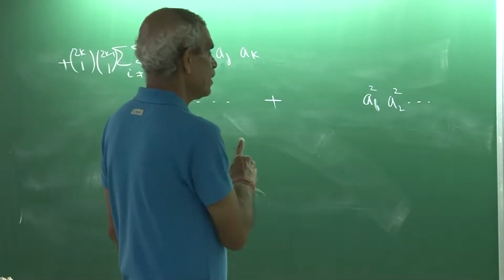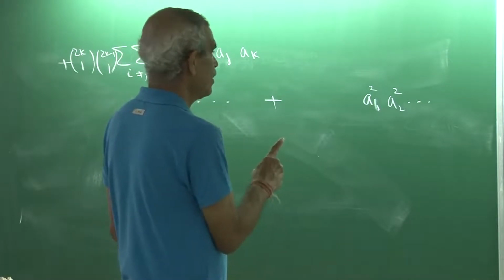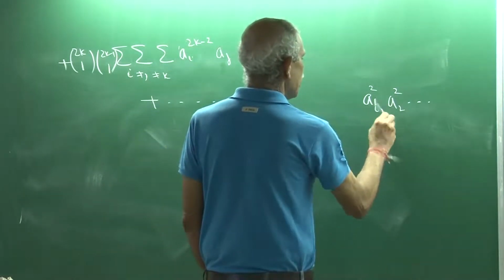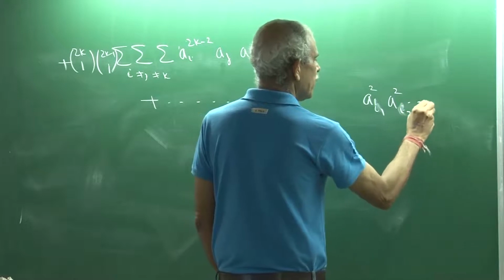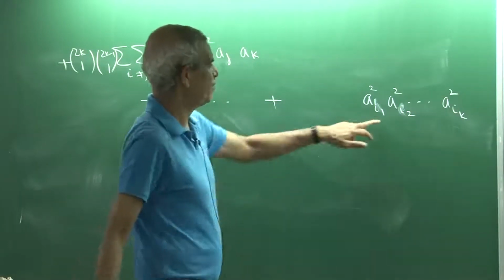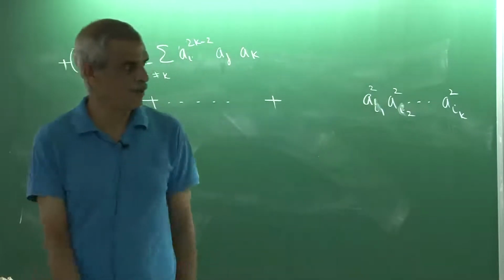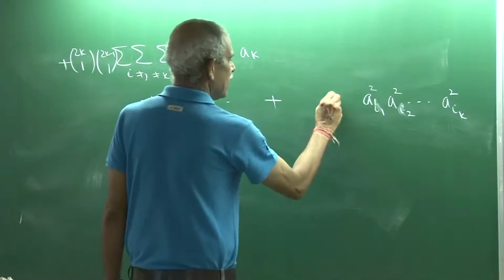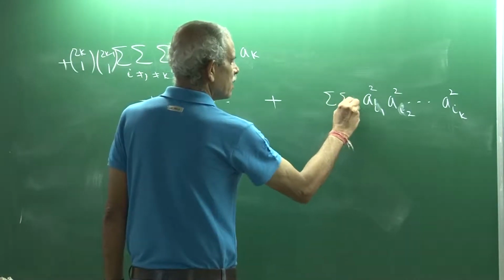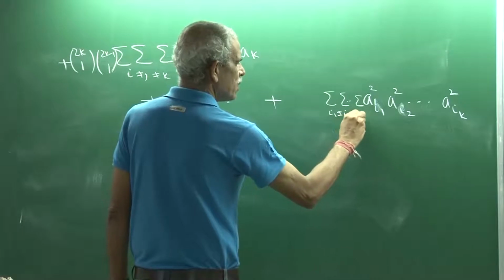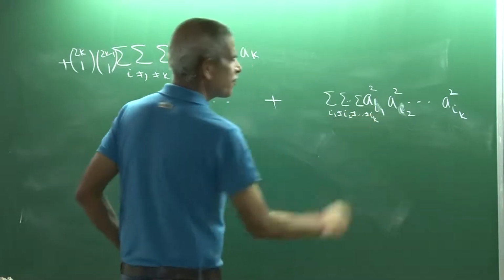That means k of them have a power square. So ai1 square, ai2 square, up to aik square, right? So k of them, each with power 2, so 2k powers are coming. So I write down this as a different summation, i1 not equal to i2 not equal to ik.